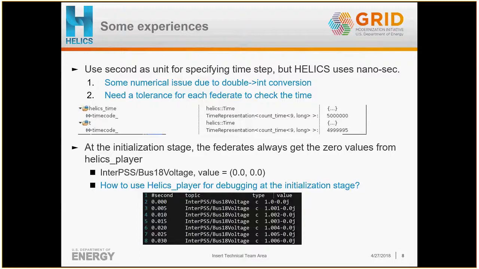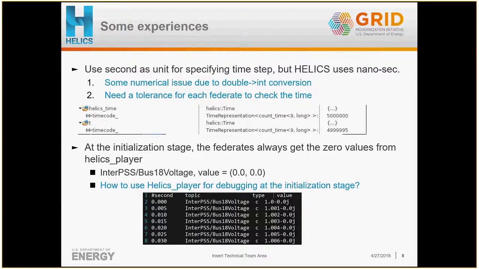But to get out the interface, particularly the C API and by extension the Java APIs, it all gets translated to doubles, in which case you may experience some numerical issues on the interface level. If you know of a way to get around that, we're open to suggestions on updating that to make it less of an issue. But it's an issue with the particular interface you're using as opposed to internal to Helix.